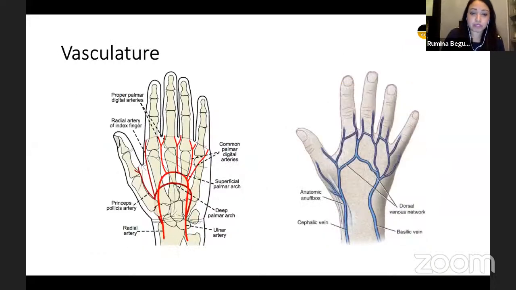Okay, moving on to the blood supply. Key things to take home here are that the main blood supply comes from the radial and ulnar arteries. Together they form the deep and superficial palmar arches, which in turn give rise to the common digital arteries. Each common digital artery then divides into two branches, and the two branches go to the borders of the fingers.